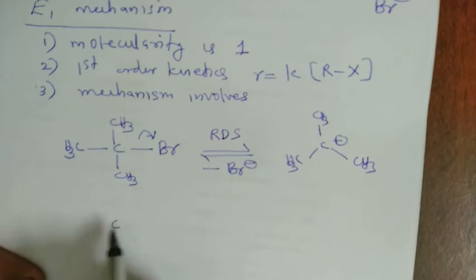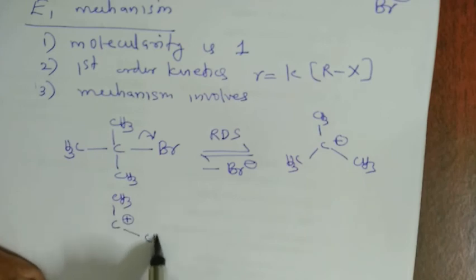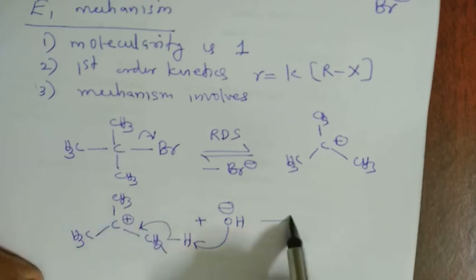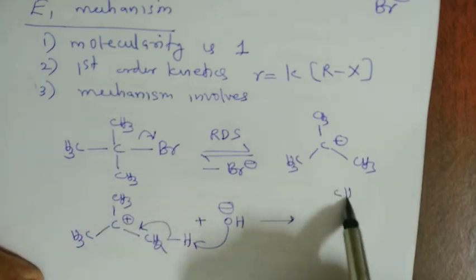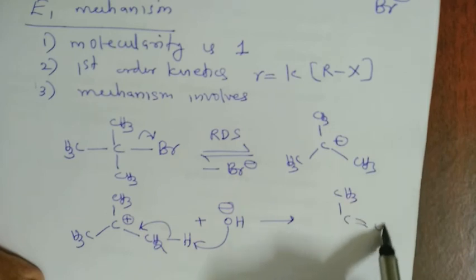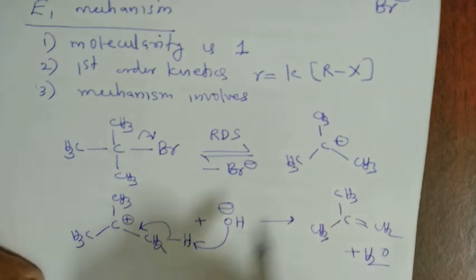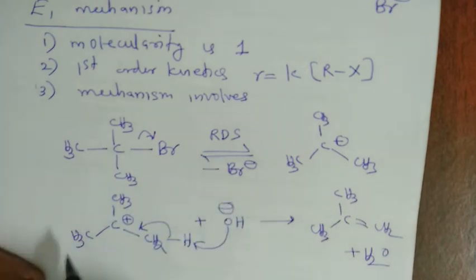In the second step, base abstracts a proton from tertiary butyl carbocation to form the alkene. It is relatively fast.